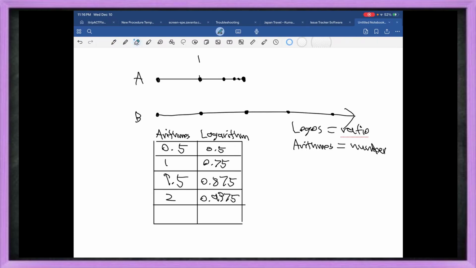I tried multiplying this side, and it doesn't correspond with the number over here, arithmos. And that's because I interpreted it incorrectly.